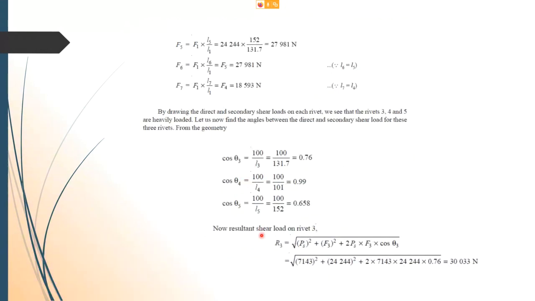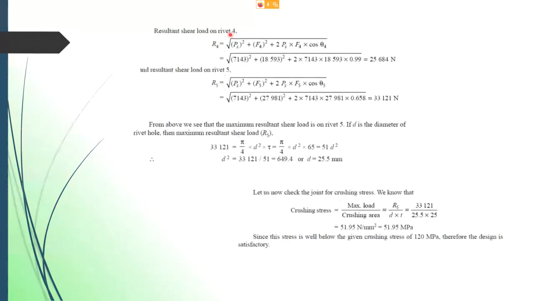Calculate out the angles. Use the resultant formula. Resultant of primary shear load P3 and F3 is the square root of P3 squared plus F3 squared plus 2 times P3 times F3 times cos theta 3, then you get the resultant 3. Resultant 4, resultant 5.